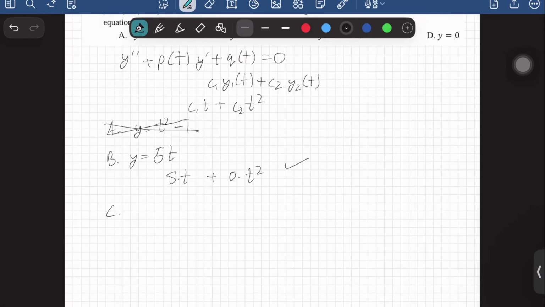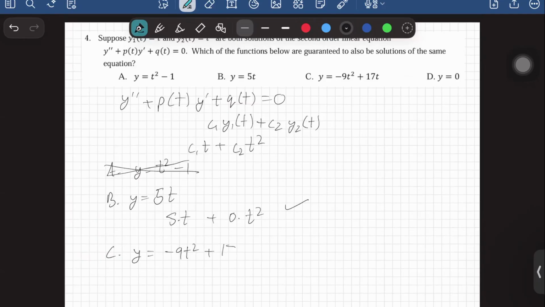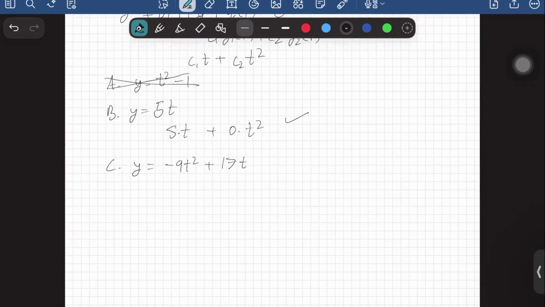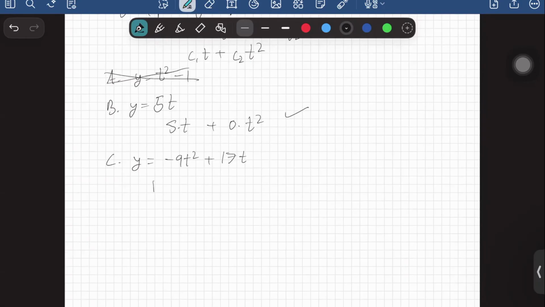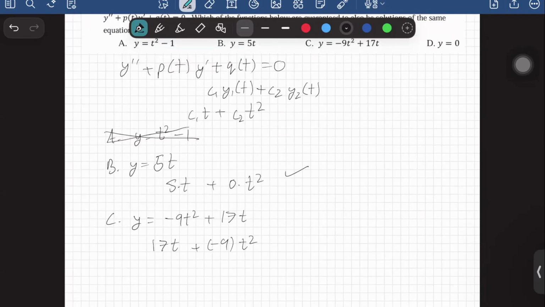Let's run through C. C says here that y equals negative 9t squared plus 17t. So if we plug this in, this matches up with the span we have here as well, right?